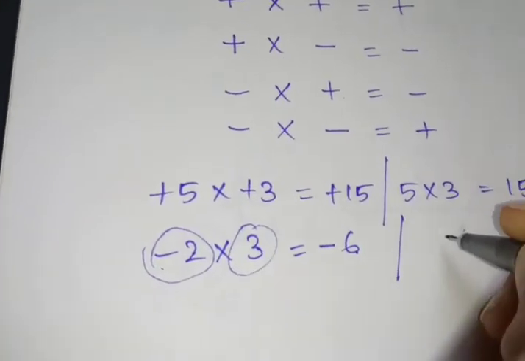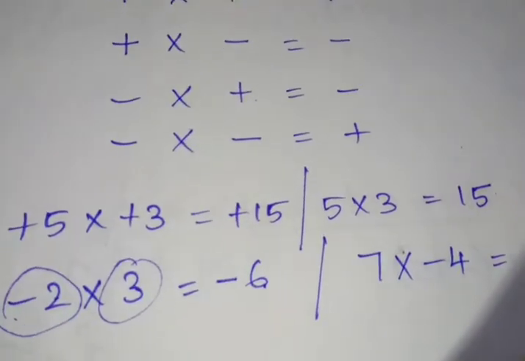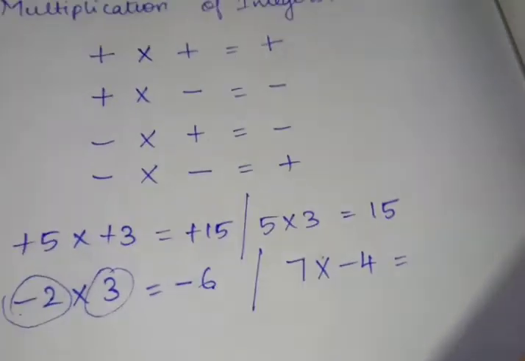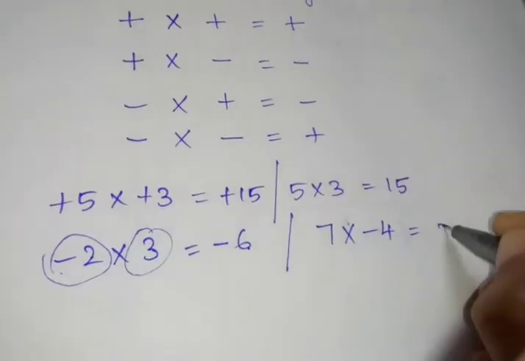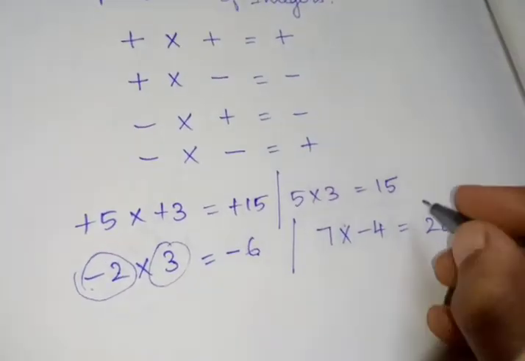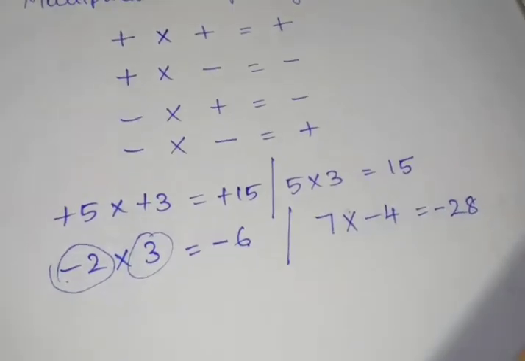Next, 7 into minus 4. First, as usual, what I told you, you multiply the answer and keep it. 7 4s are 28. Now, plus into minus is what? Minus. Plus into minus, minus. Did you understand?